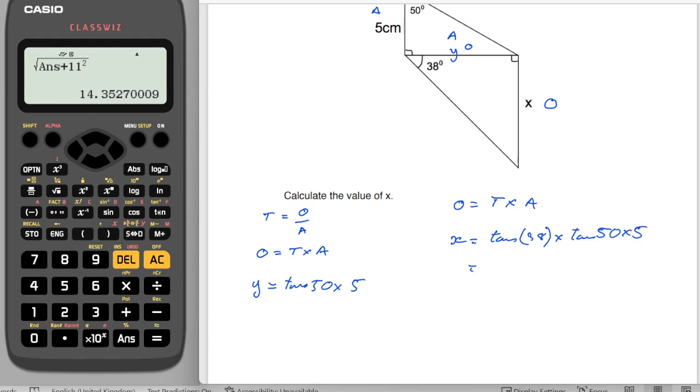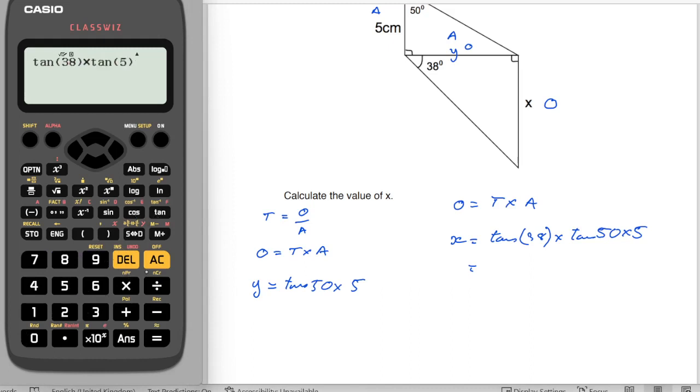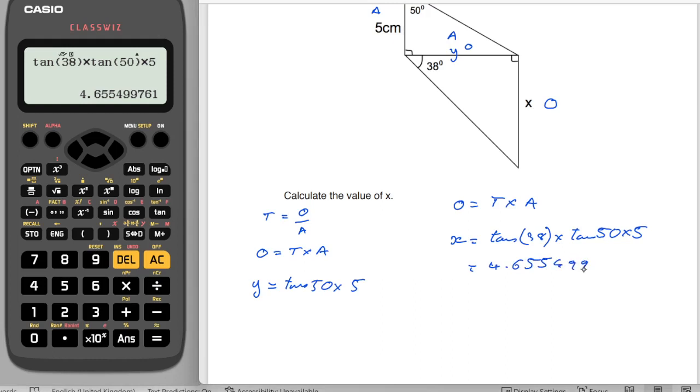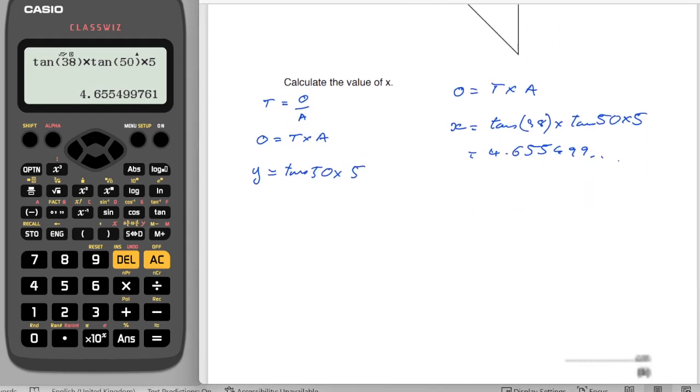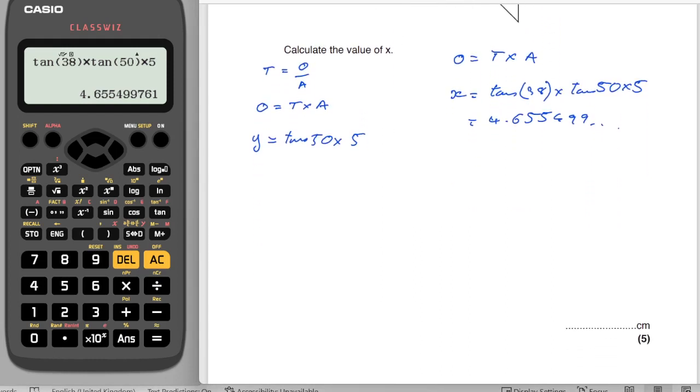So the tan of 38 times by the tan of 50 times by 5. That should give me 4.655499 dot dot dot. I'm going to go 2 decimal places again, so 4.66 to 2 decimal places.